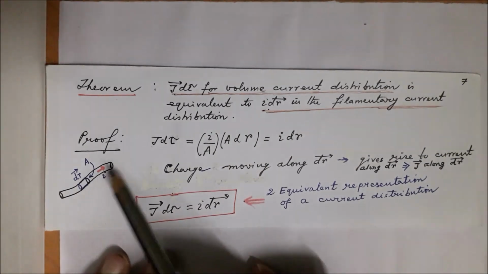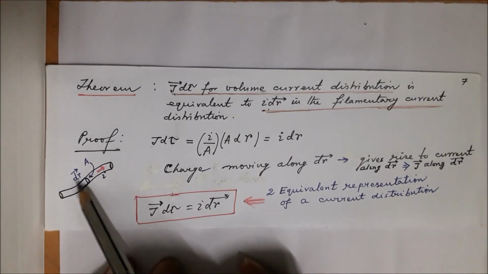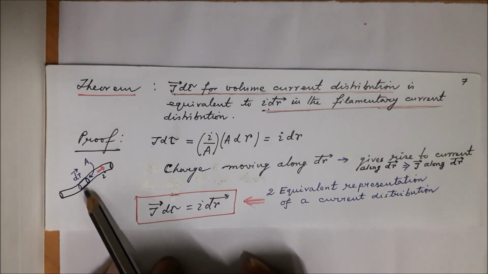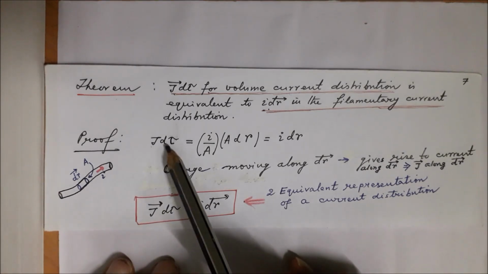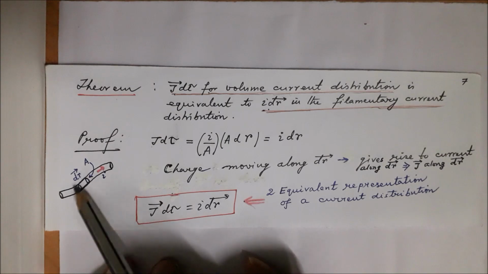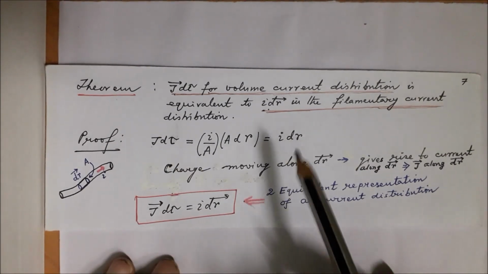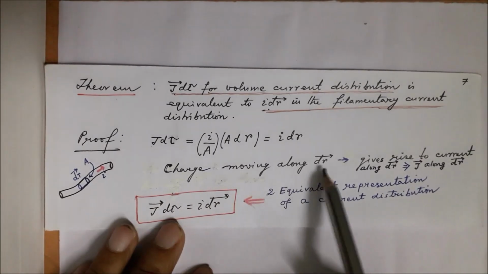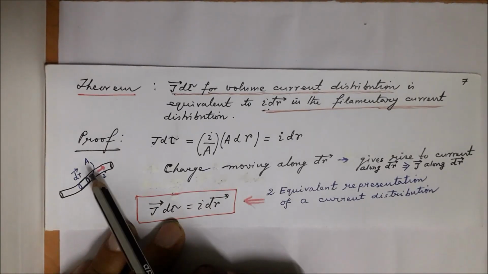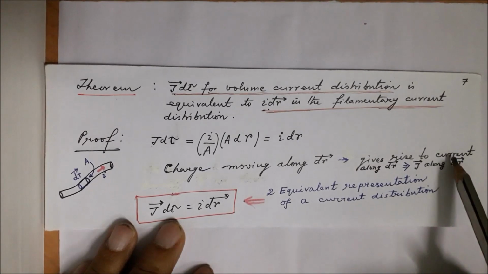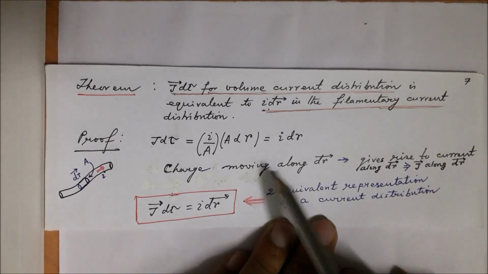So this is the filament, and a portion of the filament has a volume which is d tau, while the length of this element is dr. Now charge moving along vector dr gives rise to a current, because flow of charge means current.